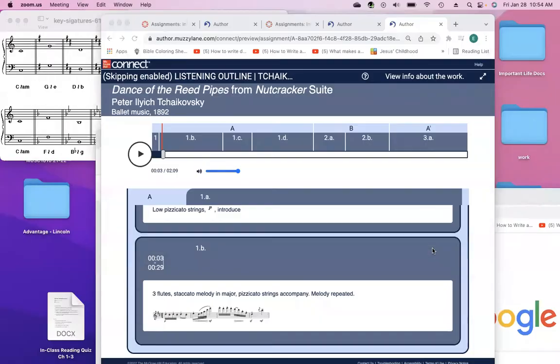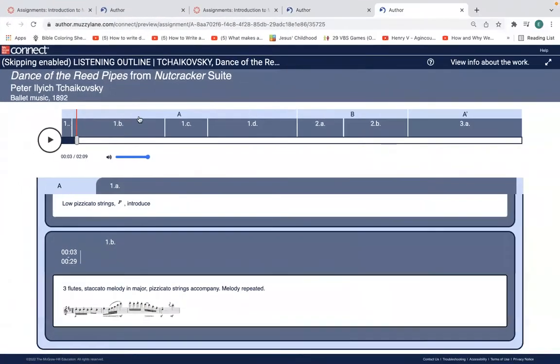So A is major. Look at that. A is major. Then Tchaikovsky puts some accidentals in the music, and we go to B, which is minor. And then he goes back to major.